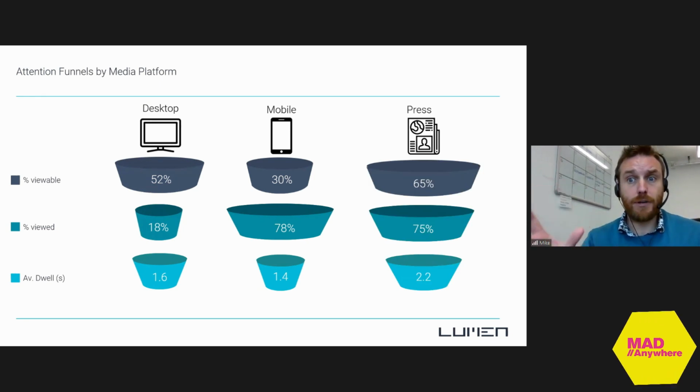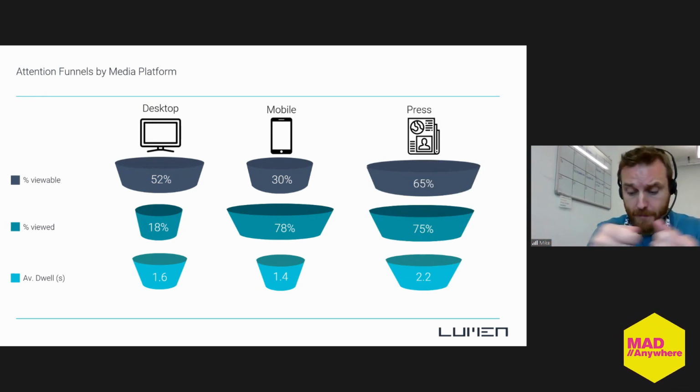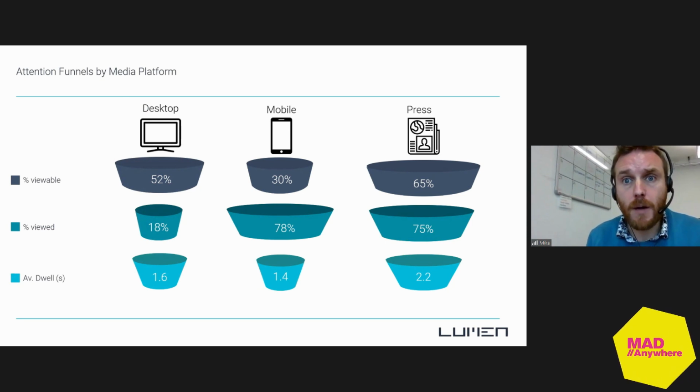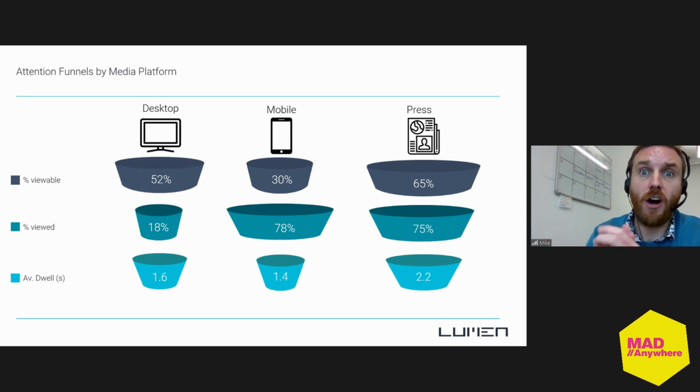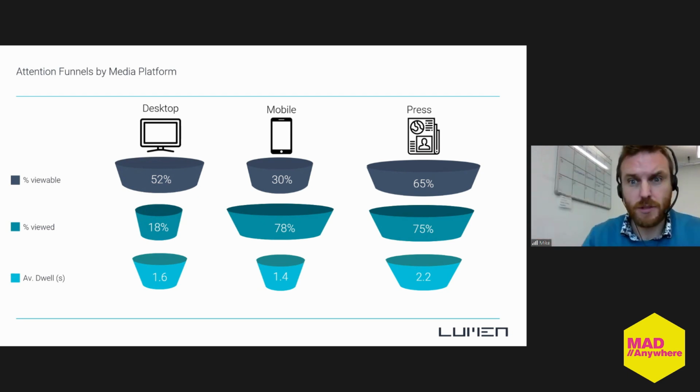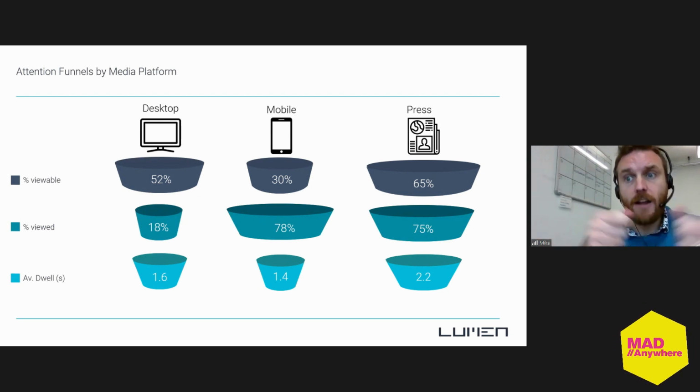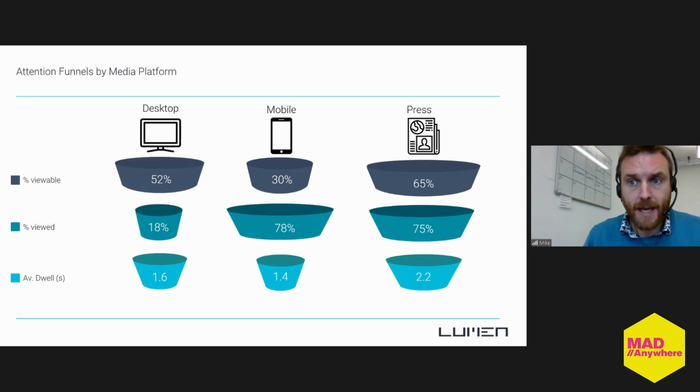You can compare this to print advertising. When you read a paper like this, you might not get through the whole paper. Around 65% of print ads that you pick up in the paper are viewable according to this standard. But again, if you open the page, then bosh, the ad is there and it's hard to miss.